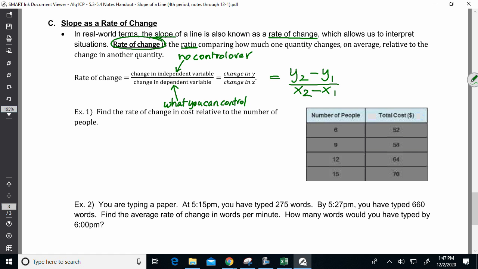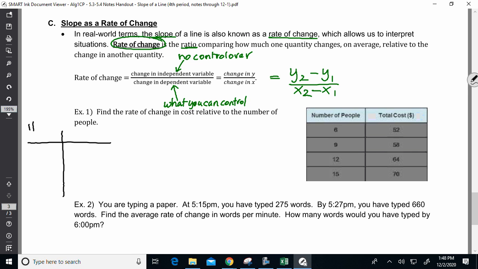Let's start with the table. Find the rate of change in cost relative to the number of people. So you have number of people in the first column and the total cost in the second column. I'm going to rewrite the table just in case you can't see the numbers because of the darkness in the table.